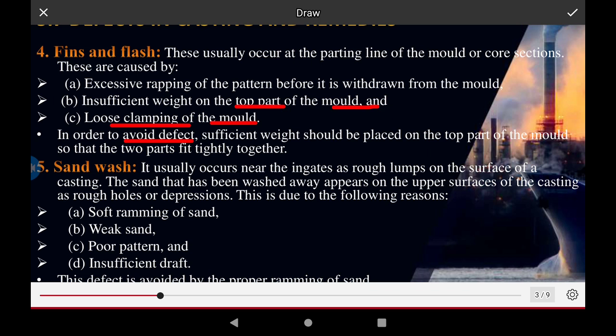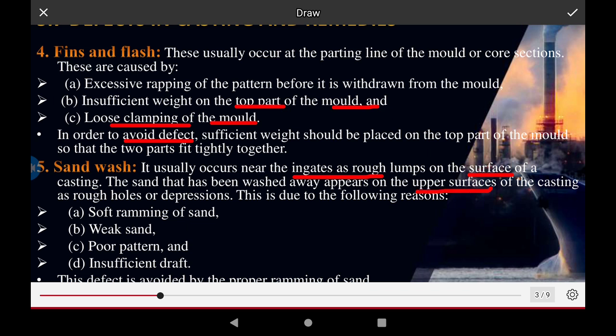Sand wash usually occurs near the inlet of the runner. The sand that has been washed away appears on the surface of the casting.